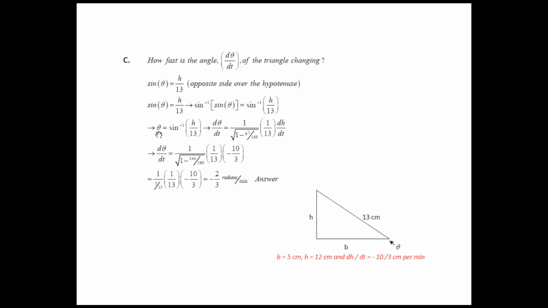The derivative of theta is 1, put a d theta/dt with it. The derivative of the inverse sine of h over 13 is the derivative of h over 13, which is 1/13 dh/dt, over the square root of 1 minus this quantity squared. You'd have to recall your derivative of the inverse sine formula to work this problem.